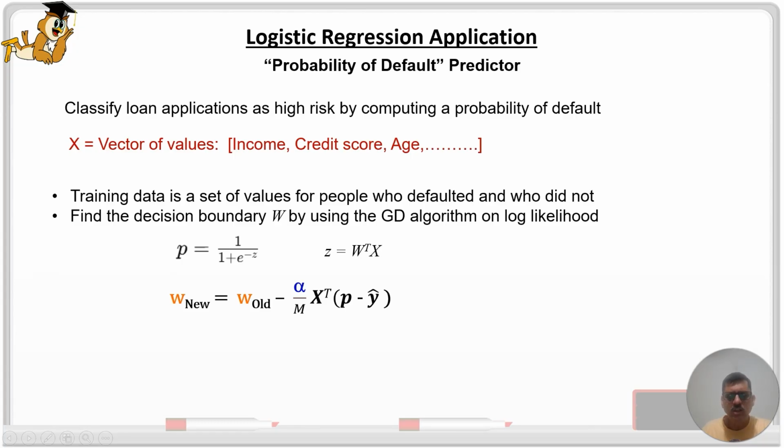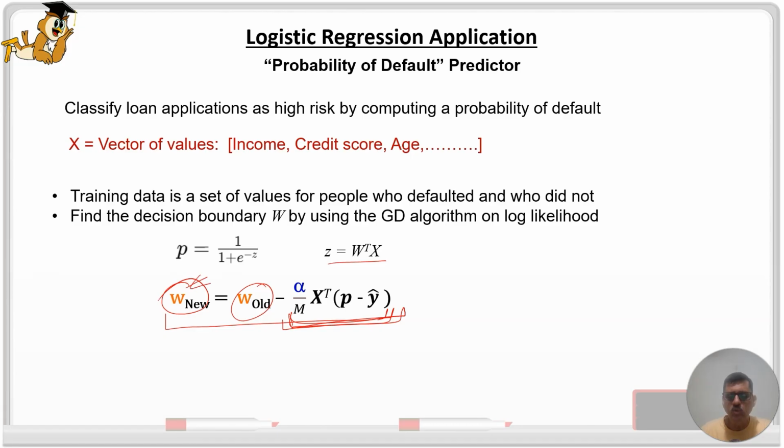Here we have everything that we have studied earlier. We have p equal to 1 over 1 plus e to the minus z. And we showed how the gradient descent algorithm can be implemented by this particular equation. Your new weights are equal to your old weights minus this particular quantity. And you keep evaluating this quantity over and over again.